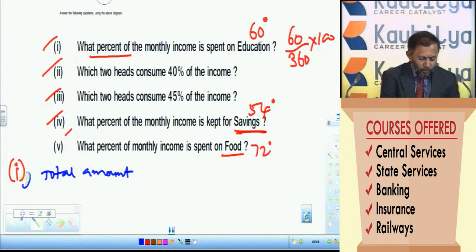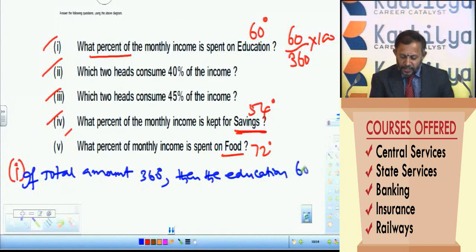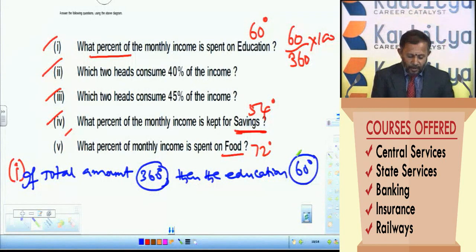If the total amount is 360 degrees, then the amount spent for education part is 60 degrees. Here you have to mention percentage.